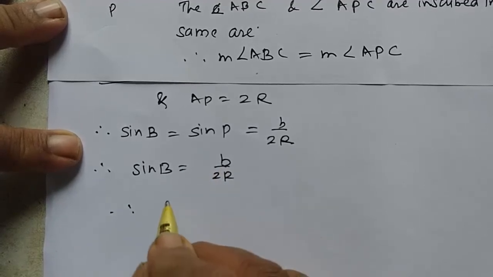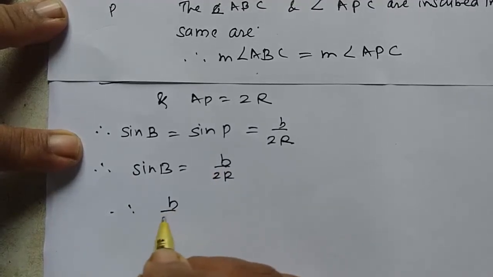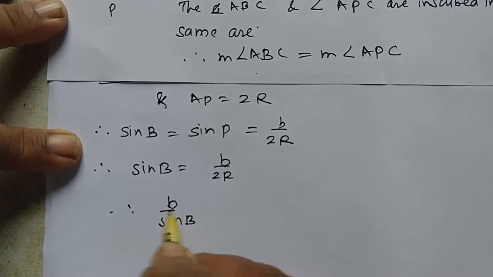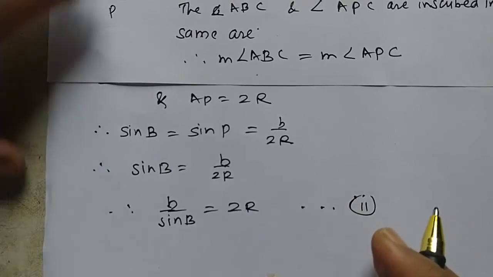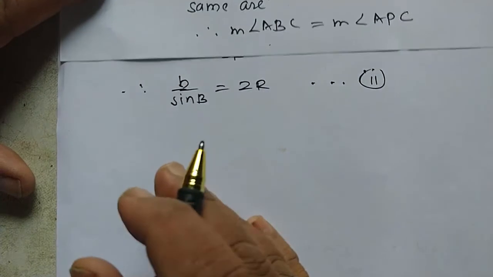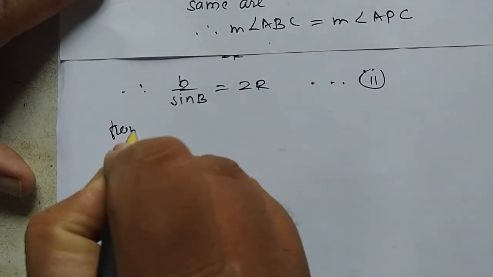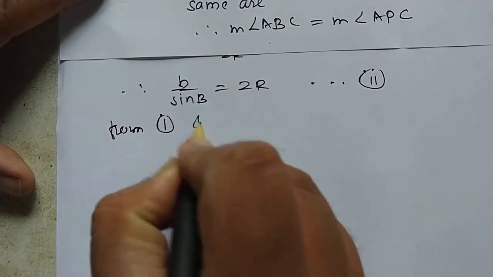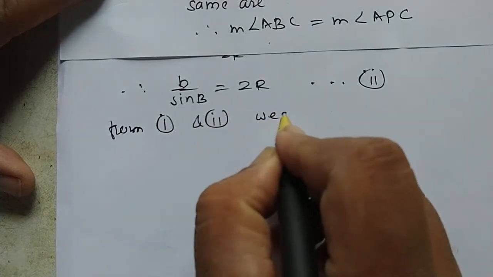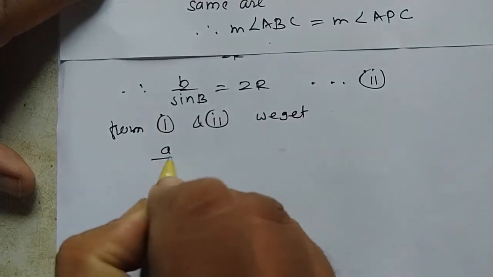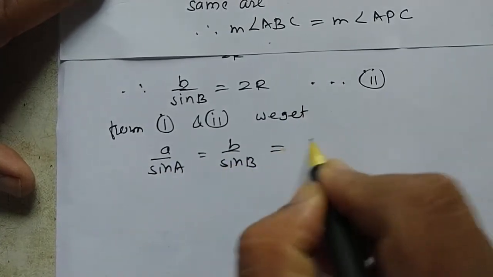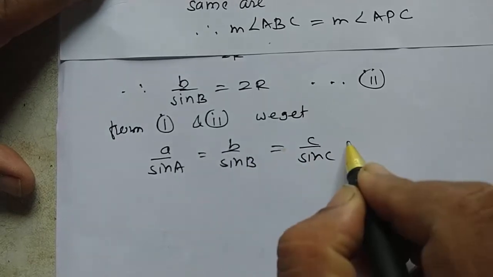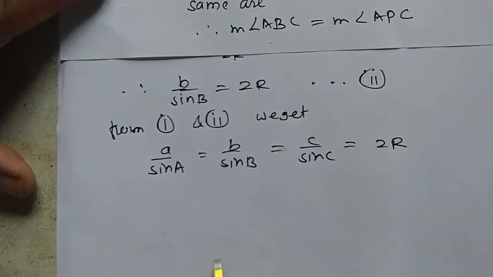Therefore, b upon sine B is equal to 2R. This is number 2. From first and second, we get a upon sine A, b upon sine B is equal to c upon sine C is equal to 2R.